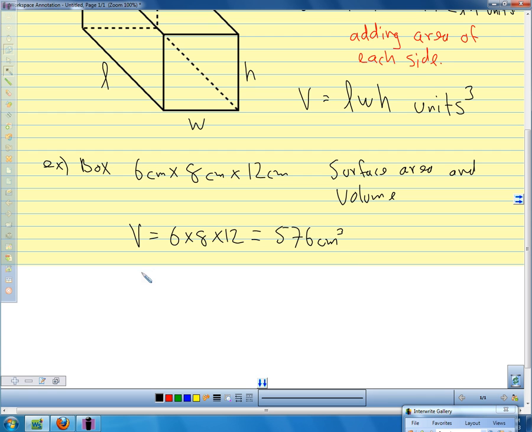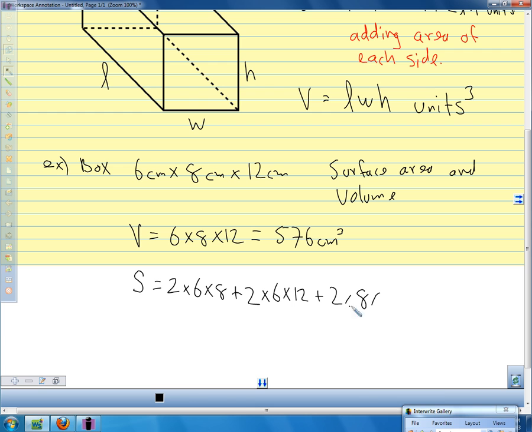The surface area. I have two sides that are 6 by 8. So 2 times 6 times 8. I'm going to add that to two sides that are 6 by 12. Plus two sides that are 8 by 12. That should be a times, 2 times 8 times 12.